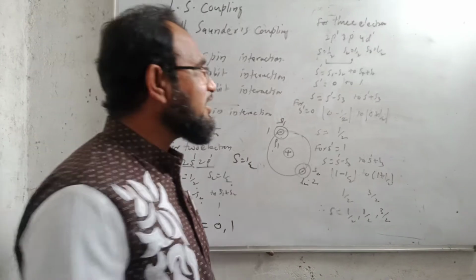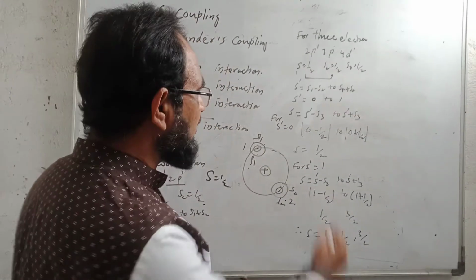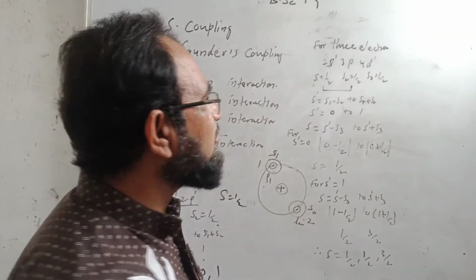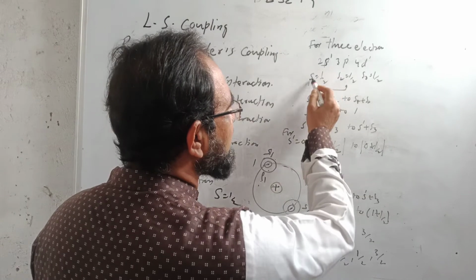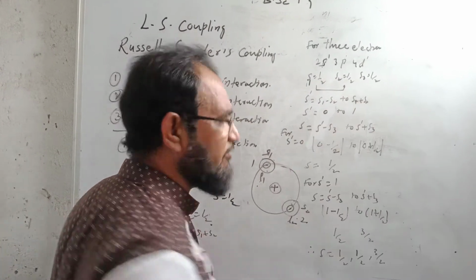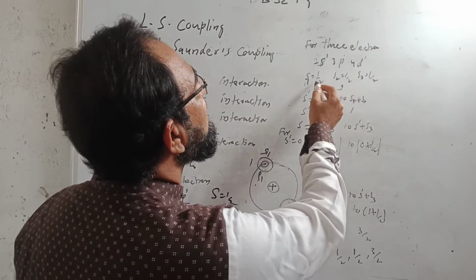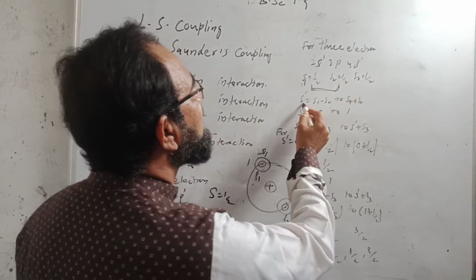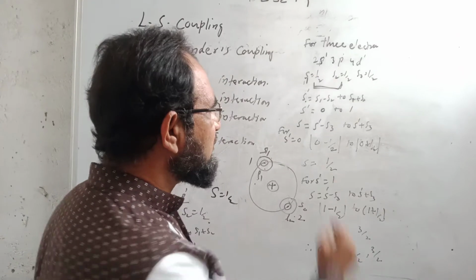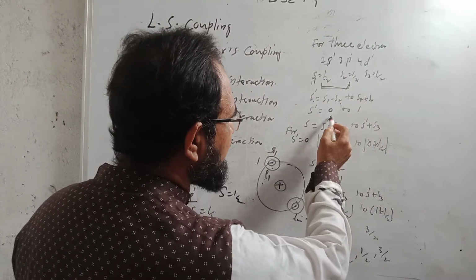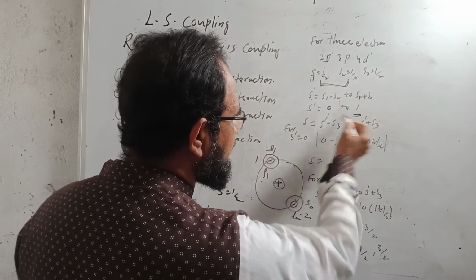Now for three electrons, for example 2s, 3p and 4d, I am taking the second example. Here s1 is half, s2 is half, s3 is half. So first s1 and s2 will combine and we find S dash equal to s1 minus s2 to s1 plus s2: half minus half is 0, and half plus half gives 1.